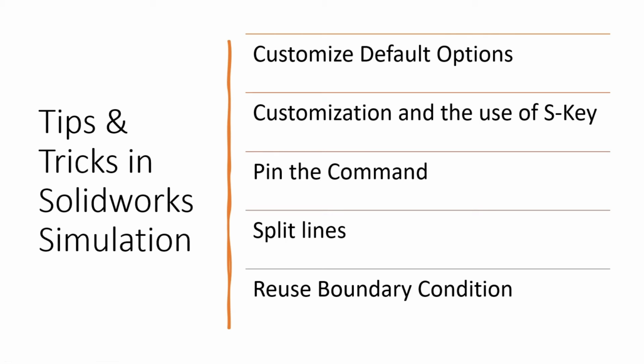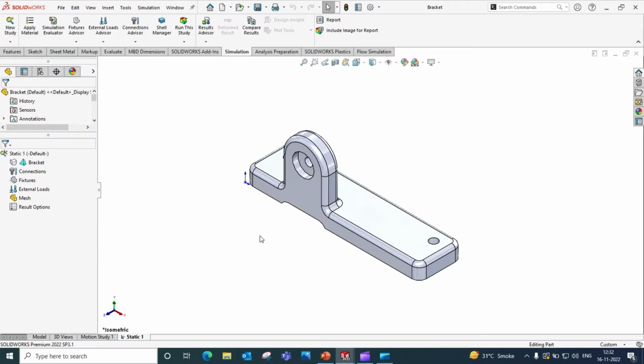Now let's move to our next point, that is customization and the use of the S key. So let's jump into the screen. To open the S key options, press S on your keyboard. As you press S, the S key tab opens.